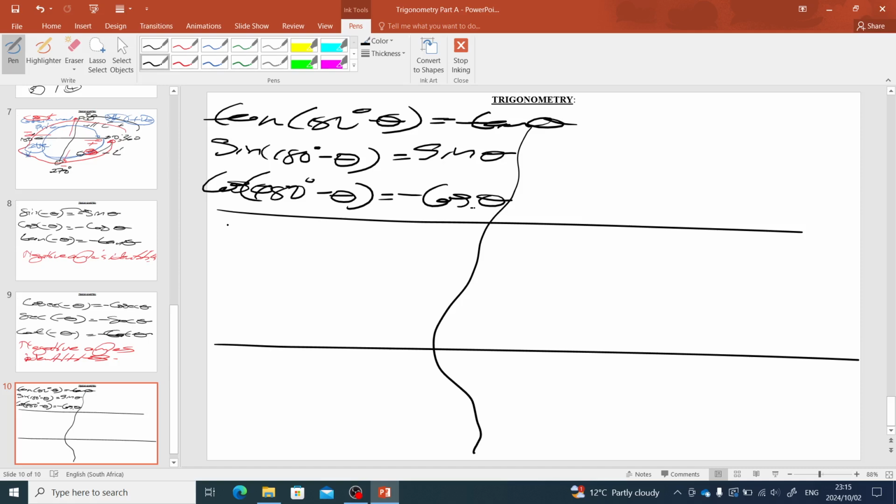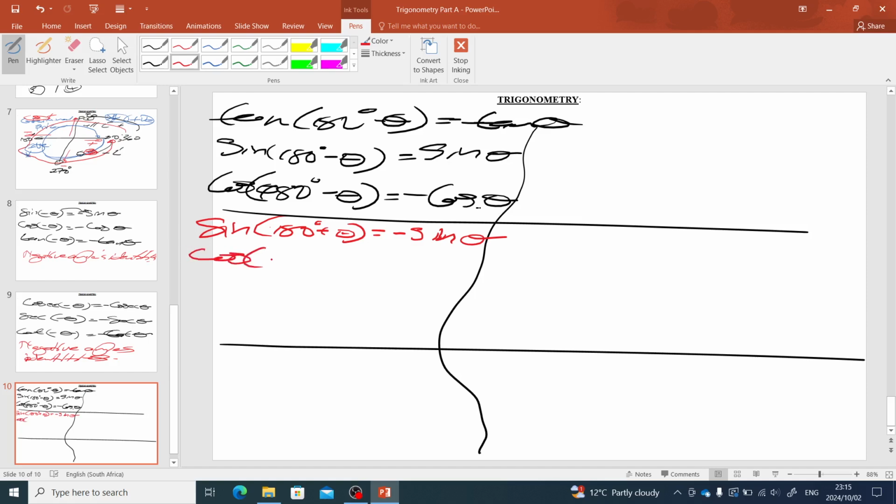Then on the third quadrant, we are having sine of 180 plus theta. But we know that on the third quadrant, only tan is positive. Then with the combination of the negative, it will be negative sine theta. The angle is positive.